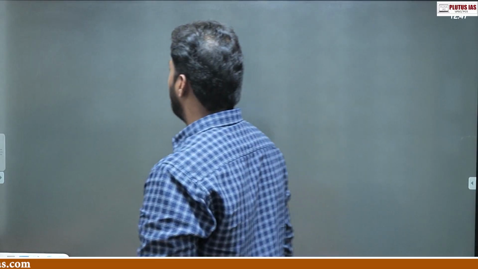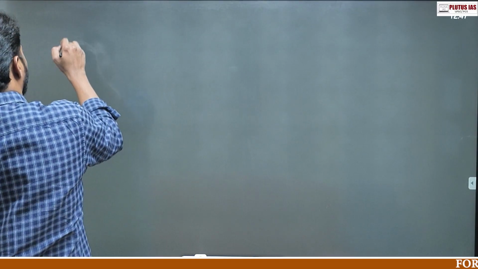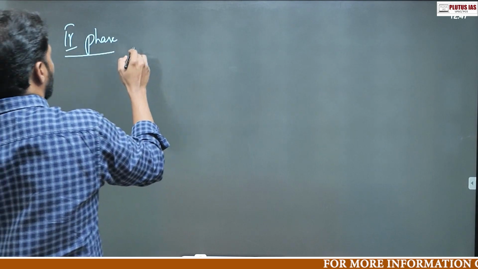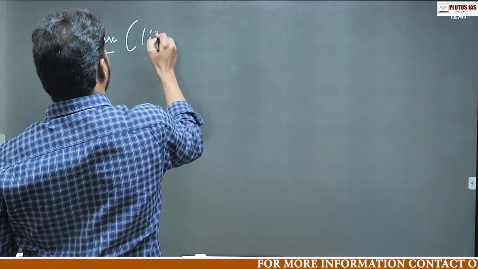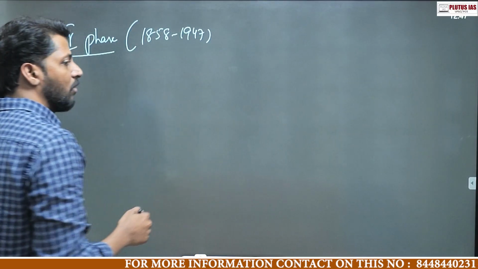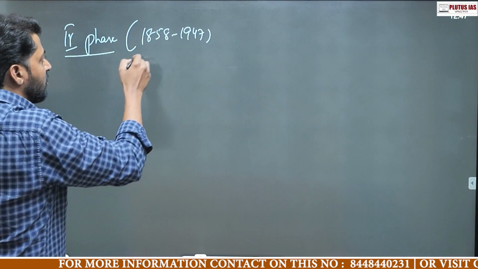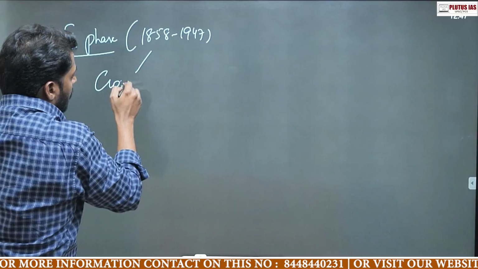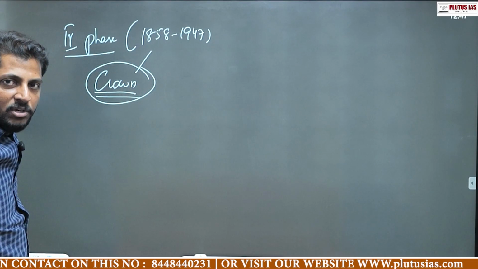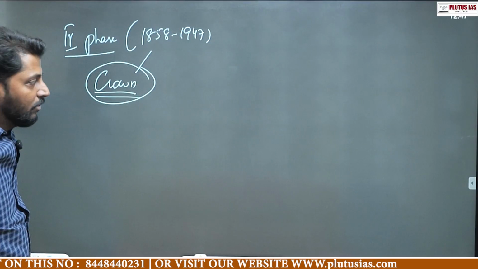So coming to the last phase, the fourth phase, that is 1858 to 1947. This phase is completely under Crown's rule, because in 1858 company rule ended and Crown rule started.